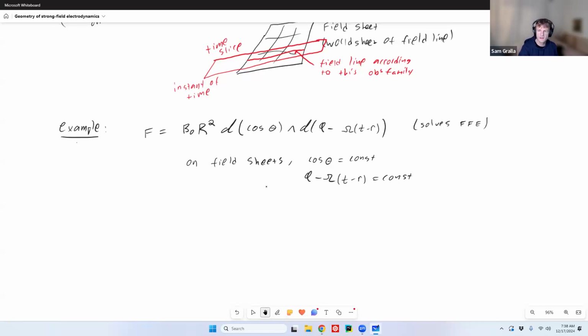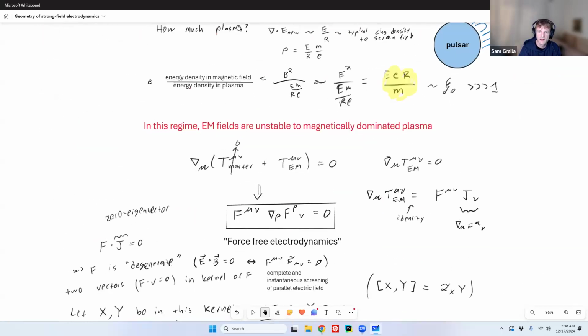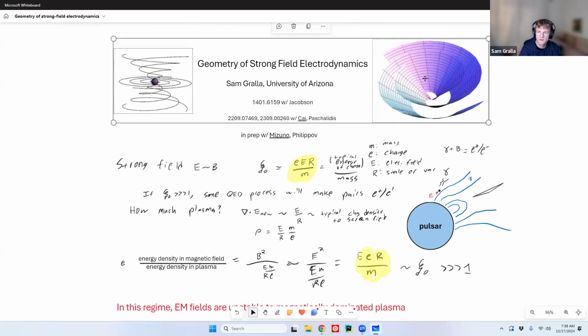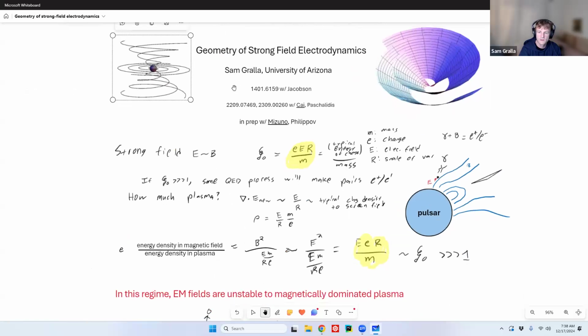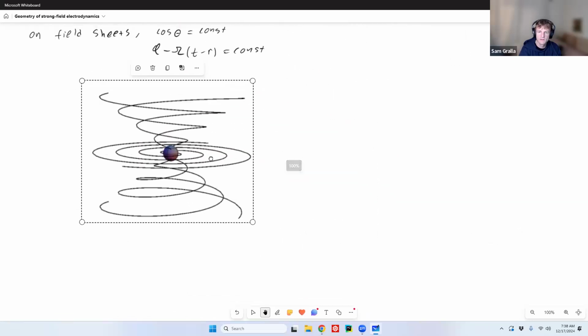Okay. And so I included a cartoon of what's going on in this solution up here. Let me grab it and copy it, and we'll look at it. So let's grab this one first. So these are the magnetic field lines.